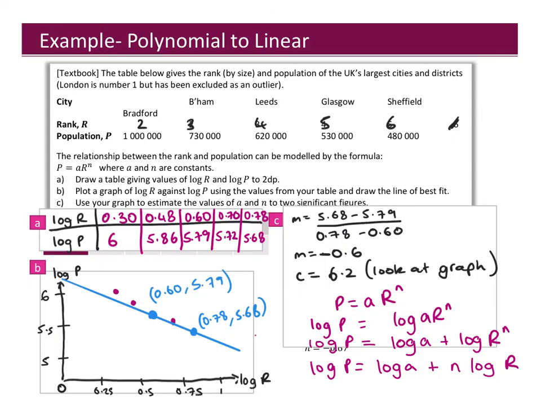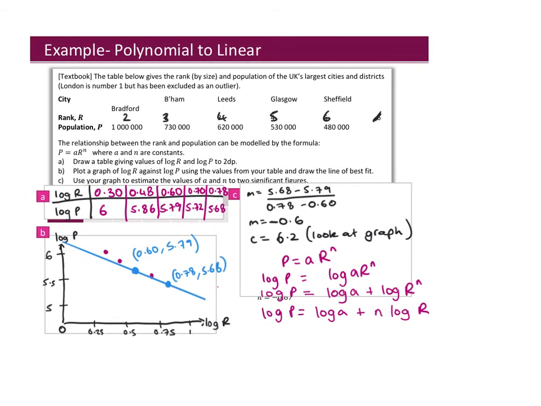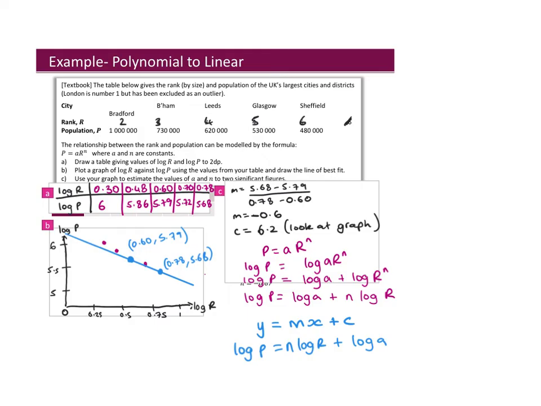Now think about the equation of a straight line. I'm going to rewrite this in that form, in a different colour. y equals mx plus c. If I rewrite this equation, I'm going to get log P equals n log R plus log A. So in this case, think about equating coefficients.